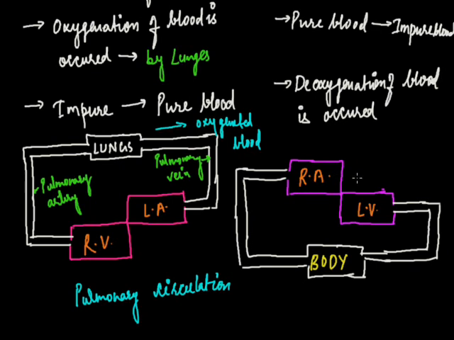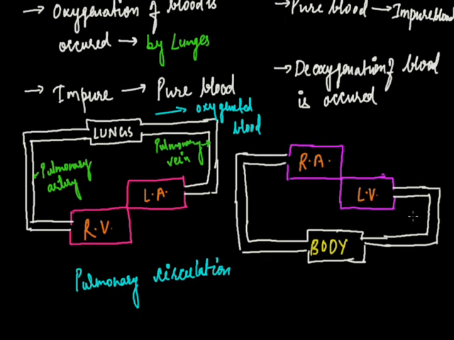In this circulation, pure blood comes out from the left ventricle and through the dorsal aorta reaches all parts of the body. Through the vena cava the deoxygenated blood comes back to the right auricle.